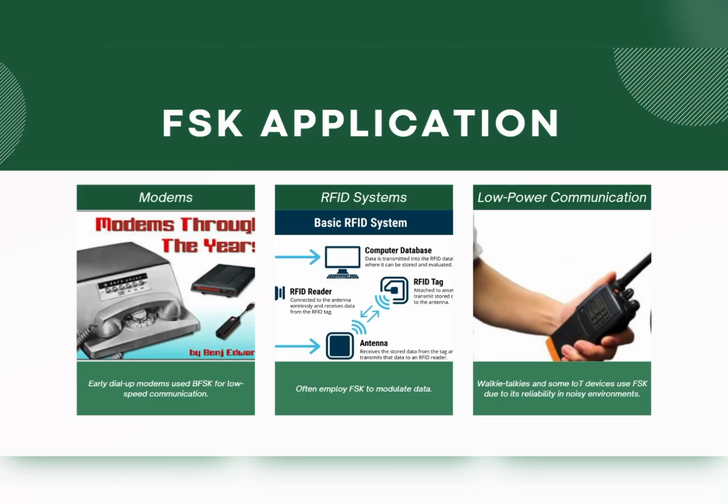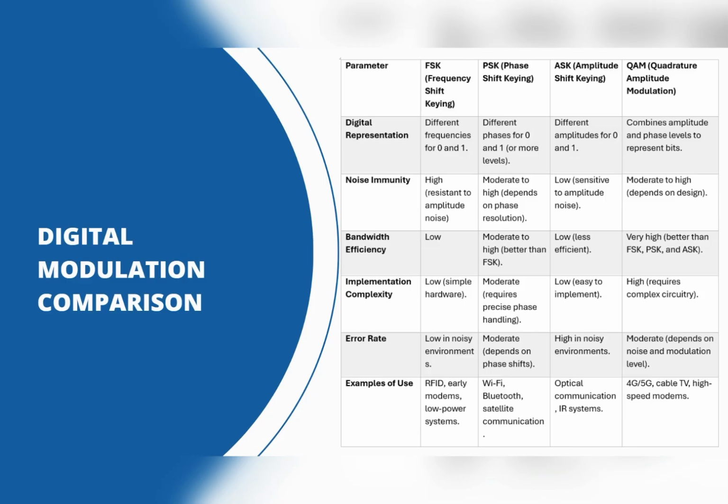On to the next slide. FSK is used in technologies such as modems, RFID systems, and low power communications such as walkie-talkies. FSK can be compared to PSK, ASK, and QAM, which are alternative digital modulation techniques. In terms of representation, FSK only varies the frequencies to represent bits 0 and 1.